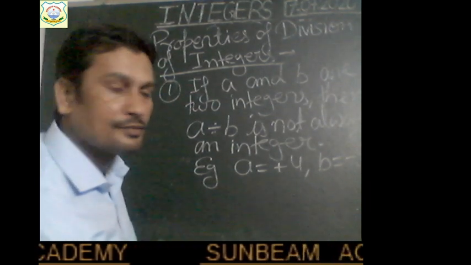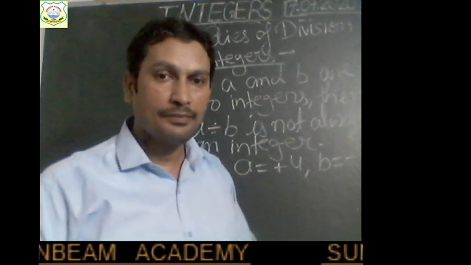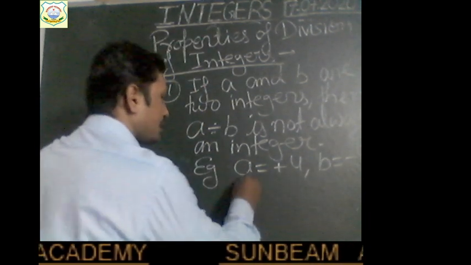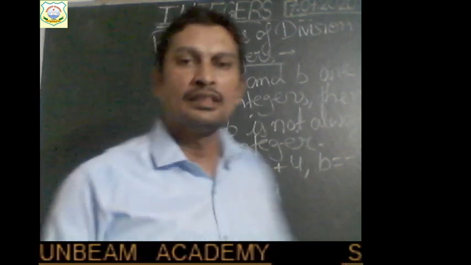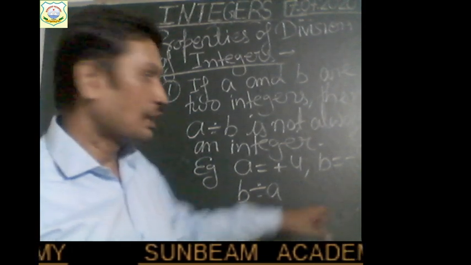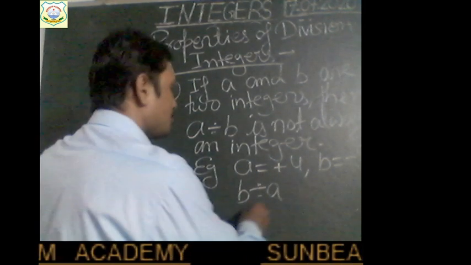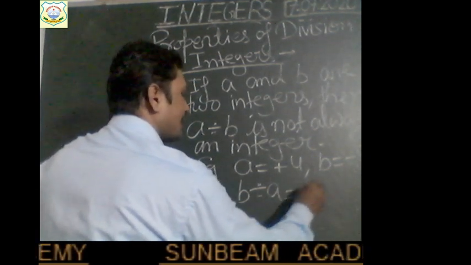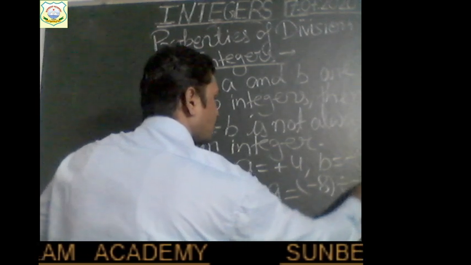Right, children? And now we divide. Suppose we are dividing B by A. We can divide A by B or we can divide B by A. Here I am dividing B by A, the greater number by the smaller one. So B by A. So what do we get? We get minus 8 divided by minus 4.